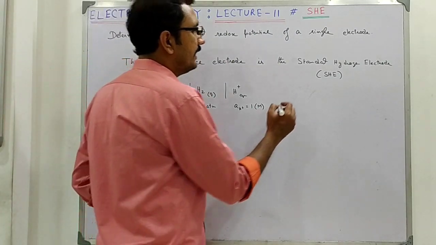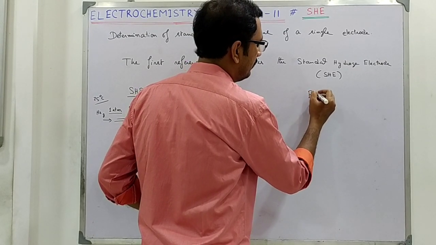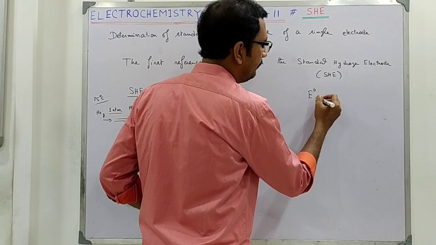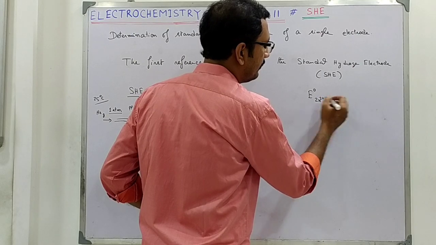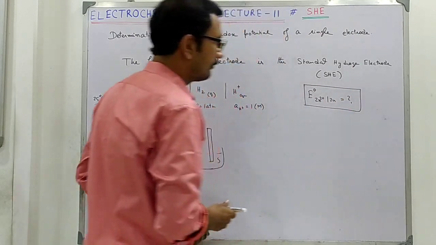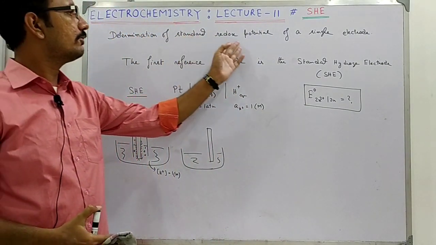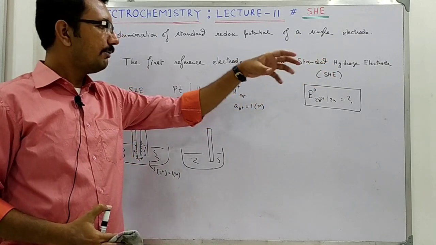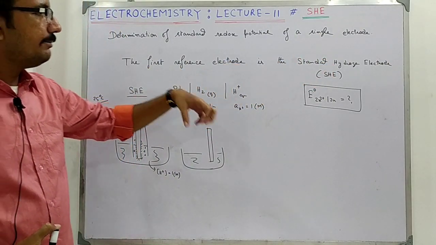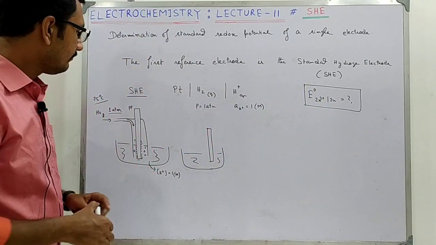Now, for the time being, say we intend to determine the standard reduction potential of the zinc electrode. This is our motto. See what our heading is? It is the determination of standard redox potential of a single electrode. So, our aim is to determine the standard reduction potential of the zinc electrode.